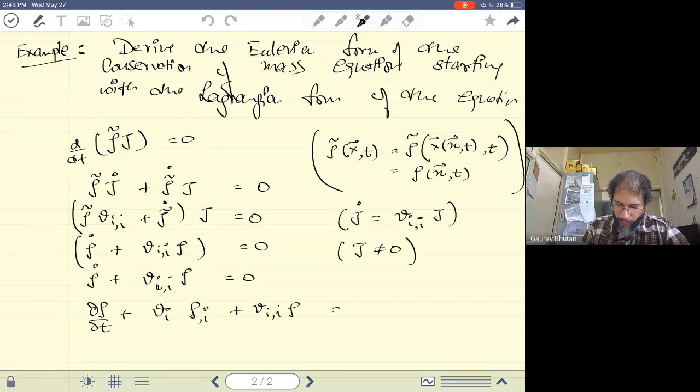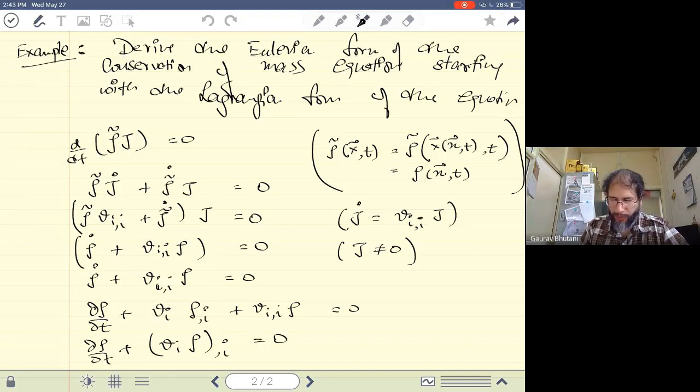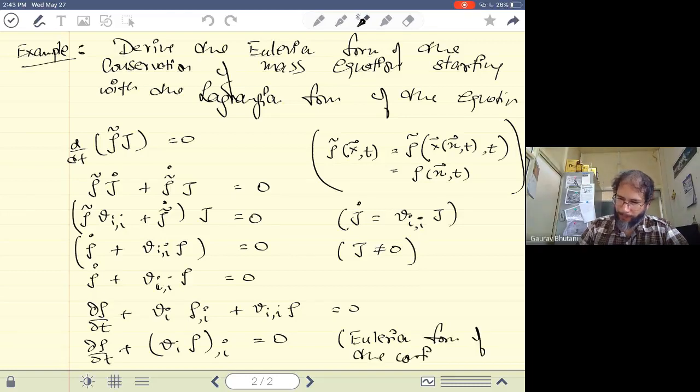Then we combined the second and the third term, so we get v i rho, and this whole is comma i, that's equal to 0. So this is the Eulerian form of the conservation of mass equation.